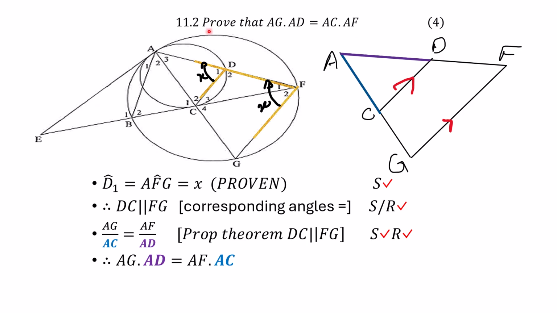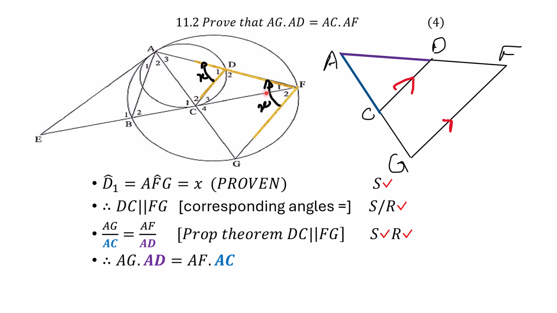Now the first thing we should note, remember in the previous problem I've proven that T1 and this angle F here are both X. No? So T1 equals AF equals X, that was proven. For those to be equal, you see in gold there, remember grade 9 we taught you the letter F, or fun angles as your teacher called them. So there they form the letter F if I look there.